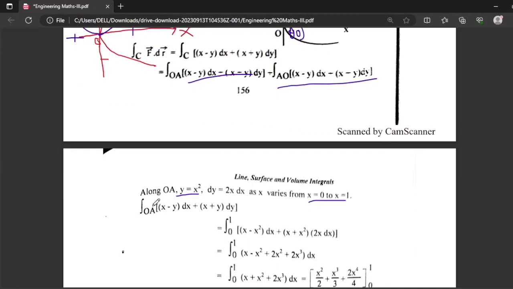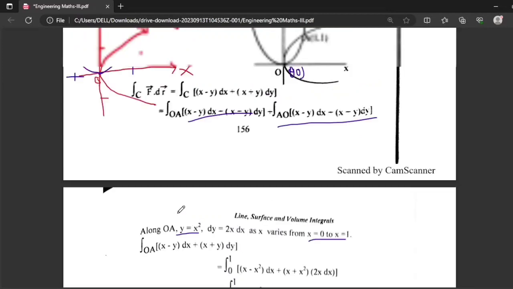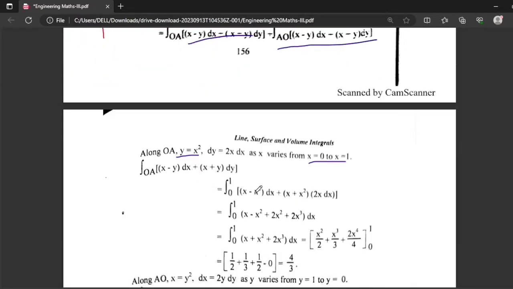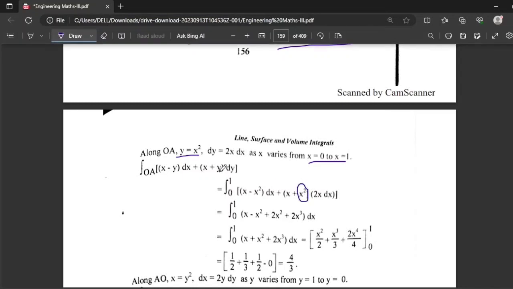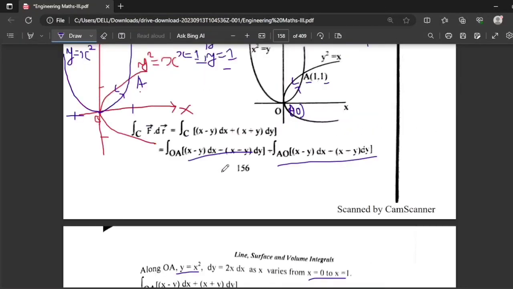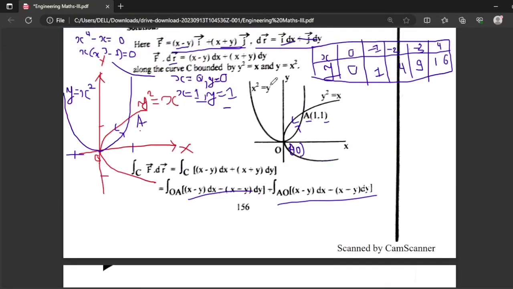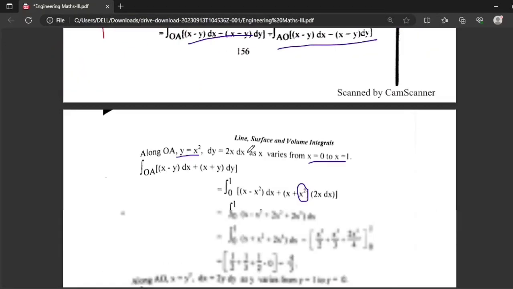So at OA the limit is from 0 to 1, and in x minus y, y is simply x square. Here also y is x square, and dy we have already calculated as 2x dx.